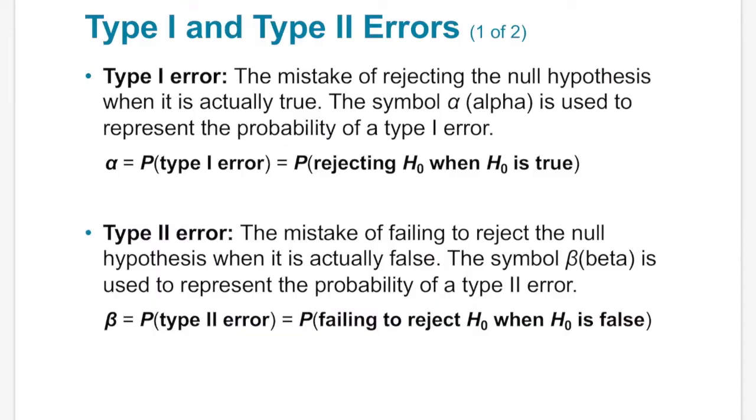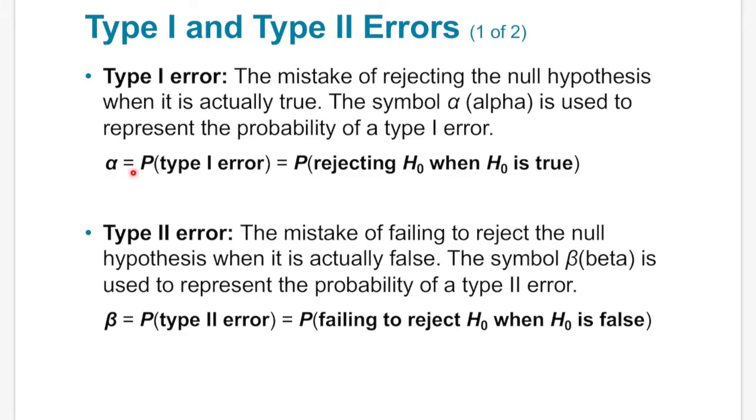When doing the hypothesis test, there are chances that we are making errors. And if we ever make an error, it would be one of these two types. Type 1 error: the mistake of rejecting the null hypothesis when it is actually true.